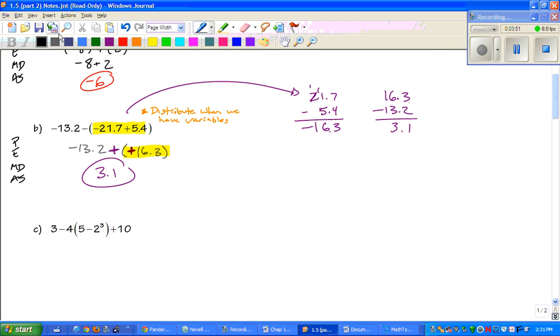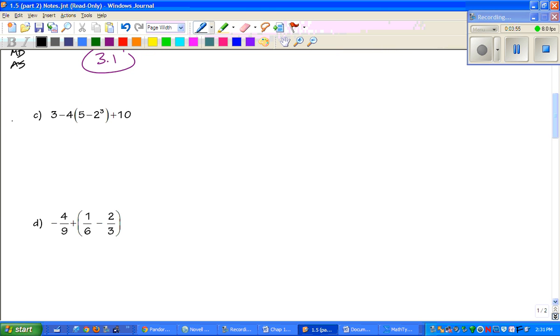All right. So far, order of operations hasn't been too difficult, just a little bit of side work. But for this one, we do have to worry about the order of operations. Now, inside of the parentheses, we have an exponent. So we have to do that first. The rest of this is going to stay the same. Now I see subtraction, so we're going to add the opposite.